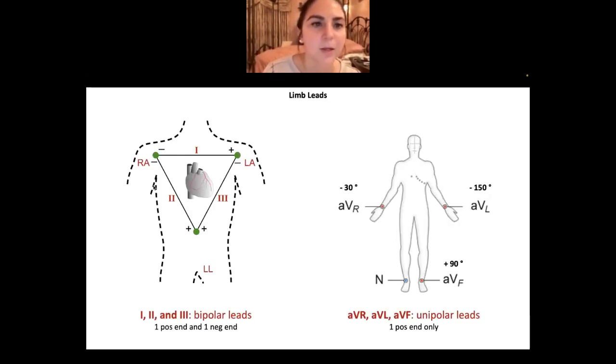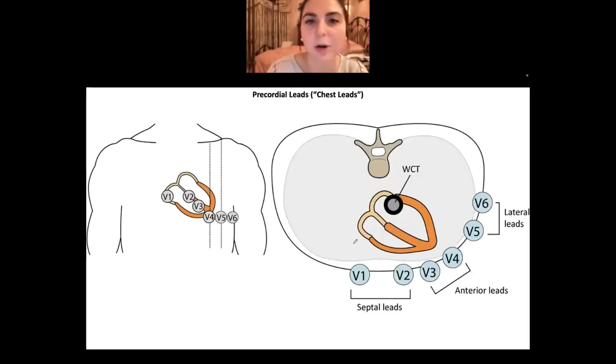Okay. So then these are the limb leads. Just like I said, the bipolar leads are going to be your 1, 2, and 3. So here is a negative to a positive for lead 1, negative to a positive for lead 2, and then negative to a positive for lead 3. And then your unipolar leads, these just have one positive end. So it's just one single positive charge.